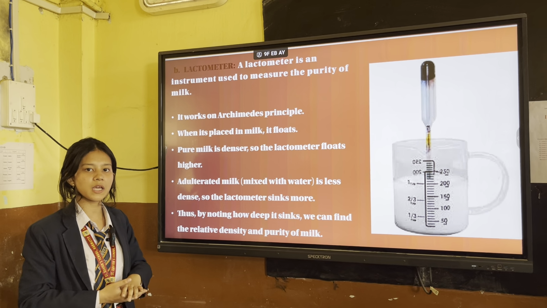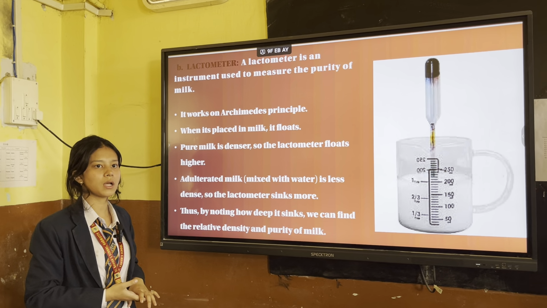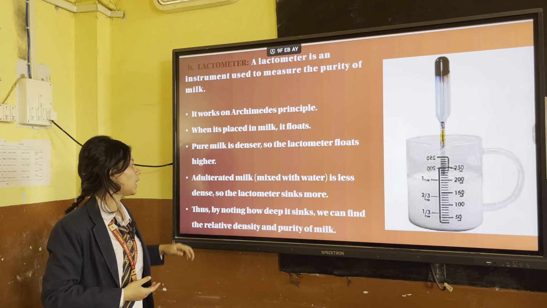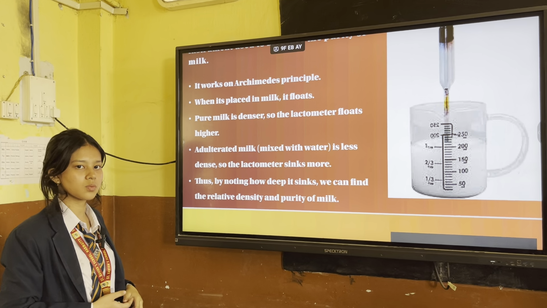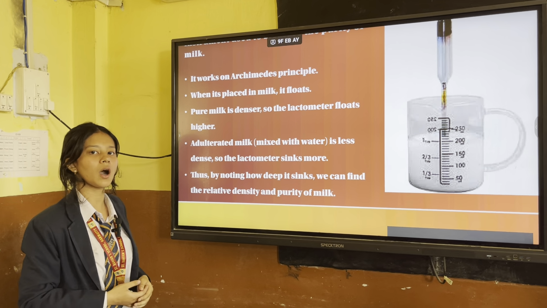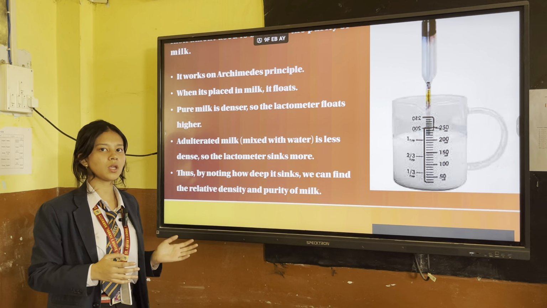When it is placed in milk, it floats. In pure milk, which is denser, the lactometer floats higher. In adulterated milk, which is less dense, the lactometer sinks more. Thus, by noting how deep it sinks, we can find the relative density or the purity of milk.